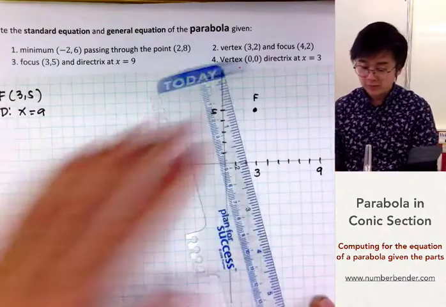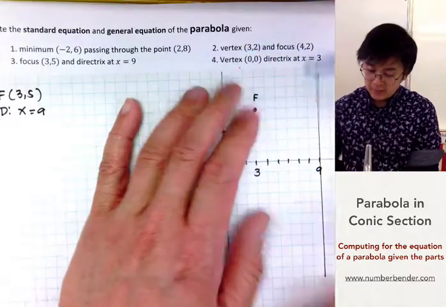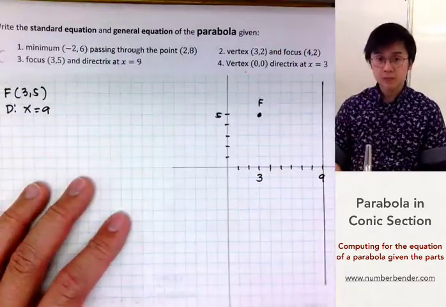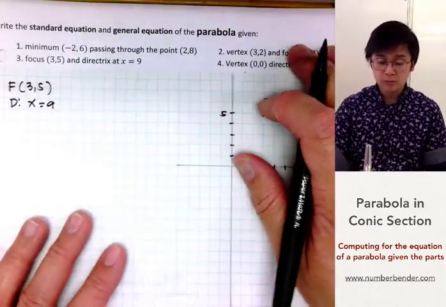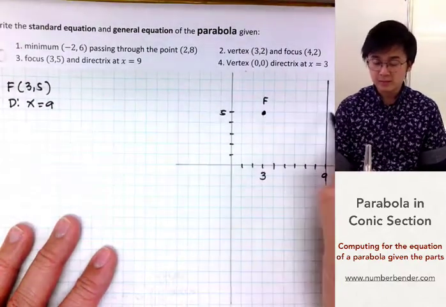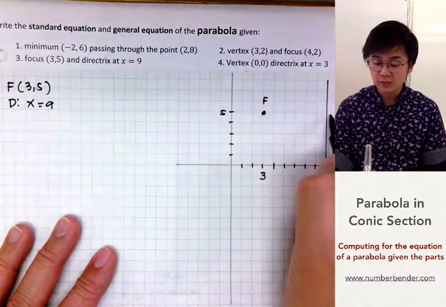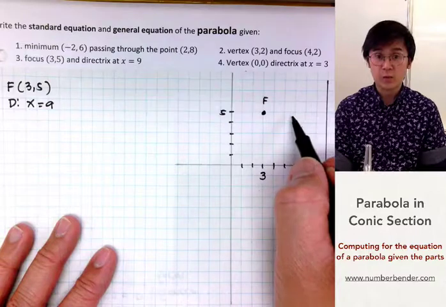And we know that the directrix is a line. And with this given information, we know that the midpoint of the focus and the directrix will be the vertex of our parabola.